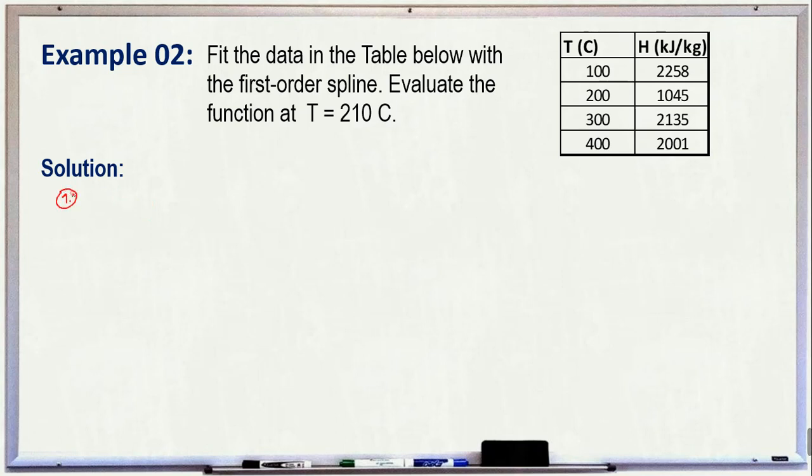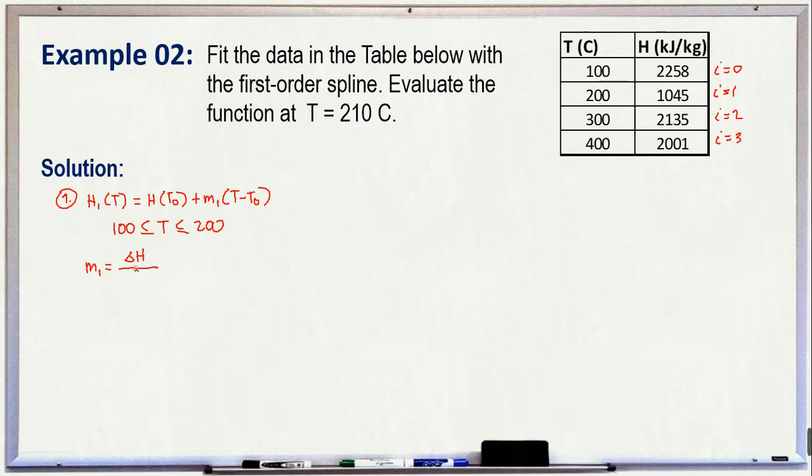For the first line, we have h1 of t equals h of t naught plus m1 times t minus t naught on the interval 100 less than or equal to t less than or equal to 200. Remember, this is i equals 0, 1, 2, 3. Solving for the slope, m1 is equal to the change of the dependent variable, which here is the enthalpy.